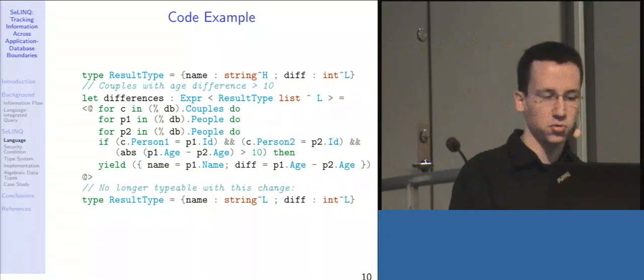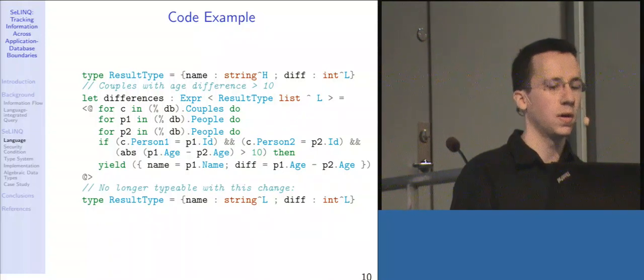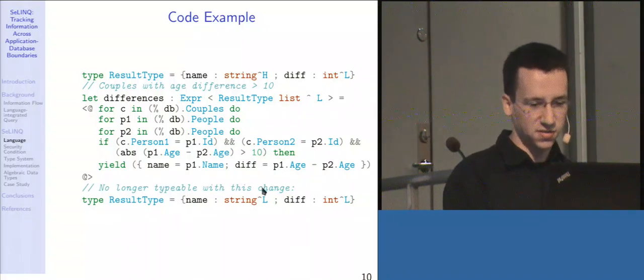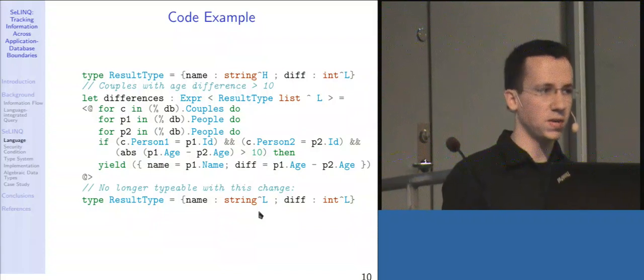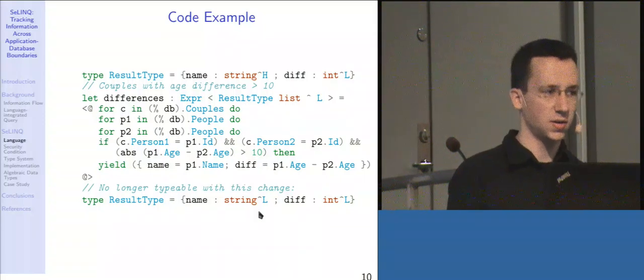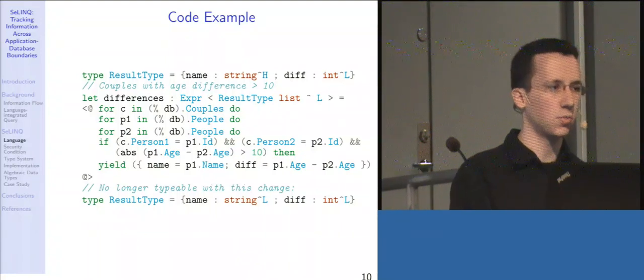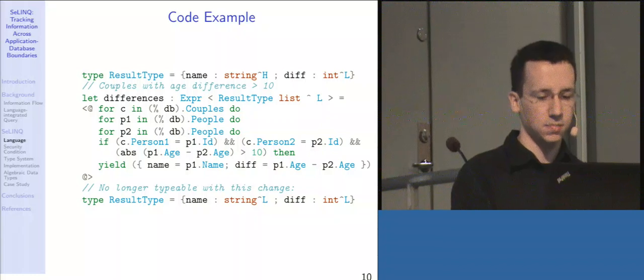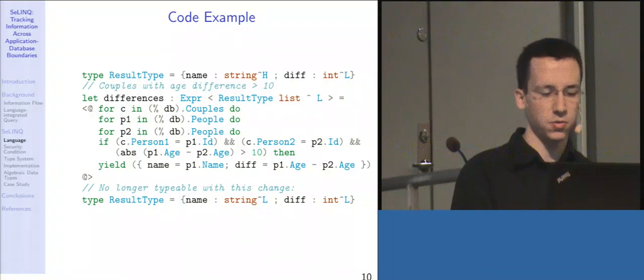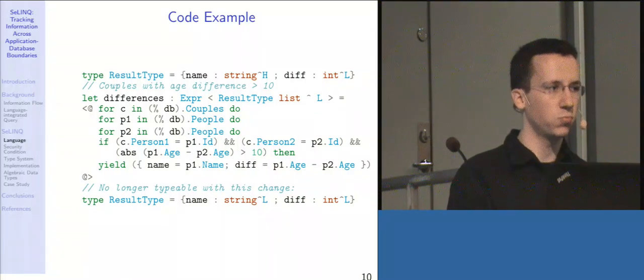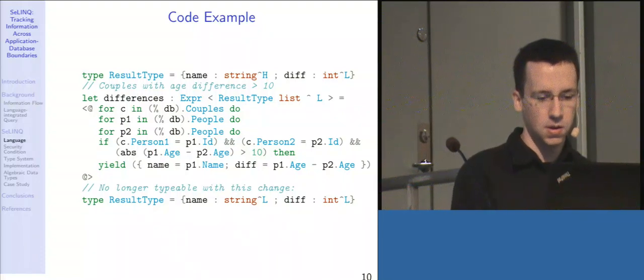However, if we were to change the typing to say that the name part is also considered public, the intuition being that this might get sent over network or get sent back to the vendor of the application or something like that, then the type checker would reject the program, since it realizes that the part of the results that's being typed as low still depends on private input, which would violate our policy.